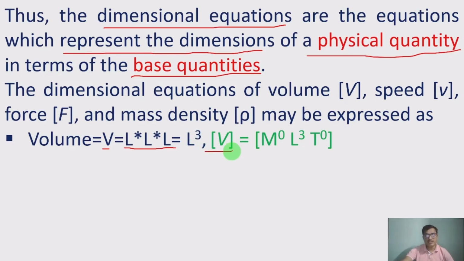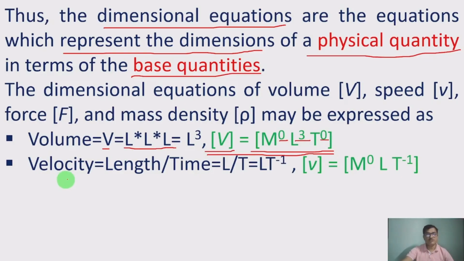Then this volume V is equated with the dimensional formula of volume, that is M to the power 0, L to the power 3 and T to the power 0. Here mass has 0 power and time also has 0 power, but length has 3 powers. As we know, it is L raised to 3. This is the dimensional equation of the volume.